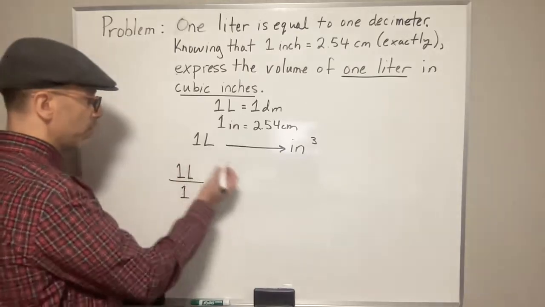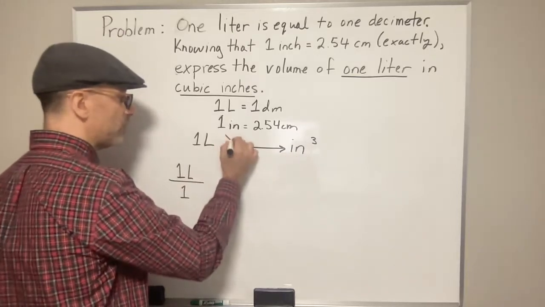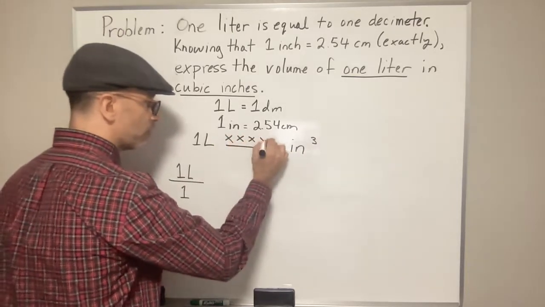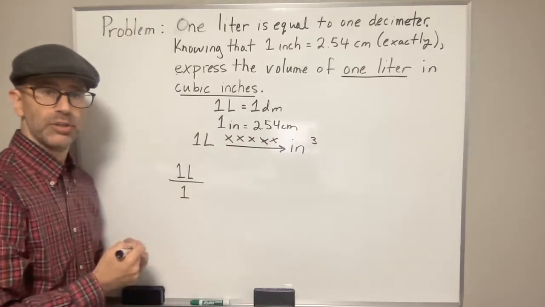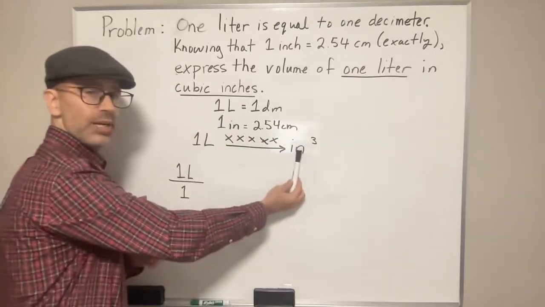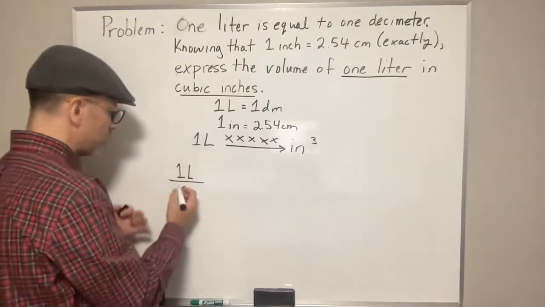So now I know where I'm beginning, I know where I end. In the middle here is multiplying by conversion factors. So all I'm doing is multiplying by conversion factors until I get the unit I want on top. So I take my 1 liter over 1.